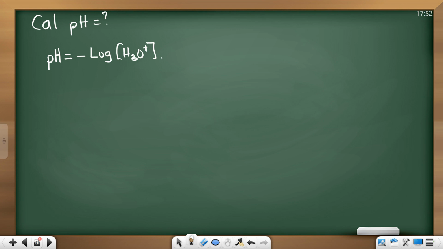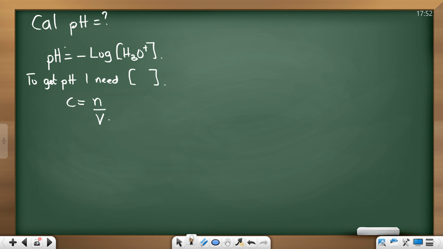For me to get pH, I need that. Wait, what is that? That is concentration, which is number of moles divided by volume. I've not even started. I'm showing you how to know where to start from.